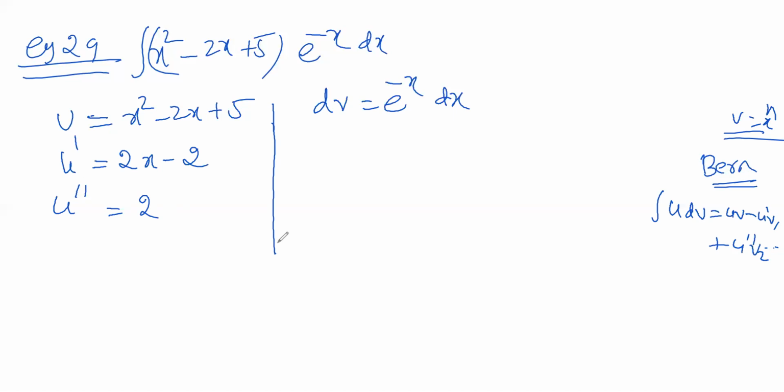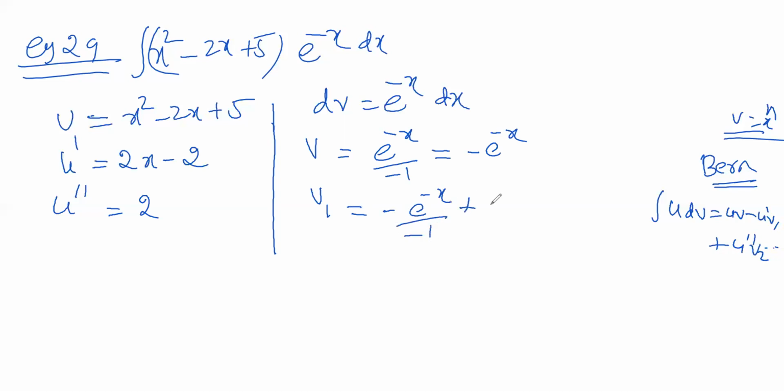Isn't it? Now v is equal to e power minus x by minus 1. Correct? So we'll have minus e power minus x for v. And then comes v1. v1 is equal to minus e power minus x by minus 1. So minus minus plus. So simply e power minus x.